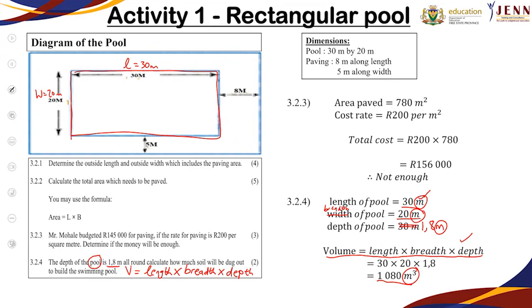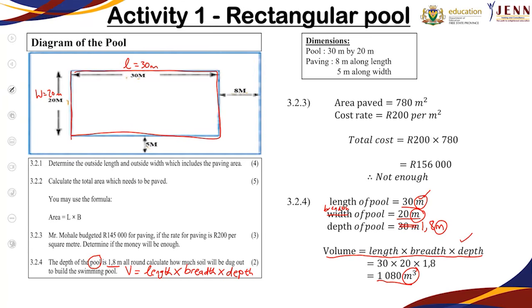So learners, you must understand in this question, sometimes they're not going to tell you calculate the volume. You must just know that when you dig for something, you are trying to determine the volume, what is inside of that. So you must just remember to interpret this question in a logical way.